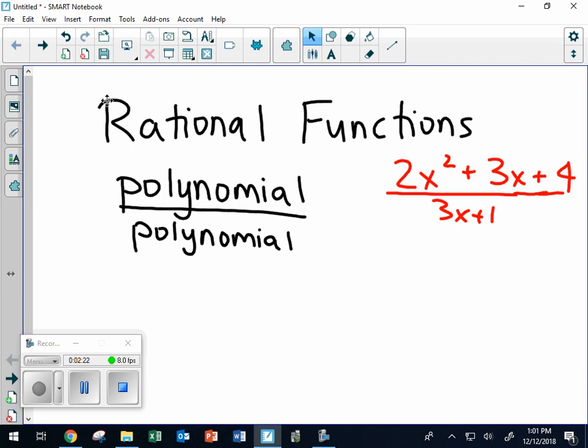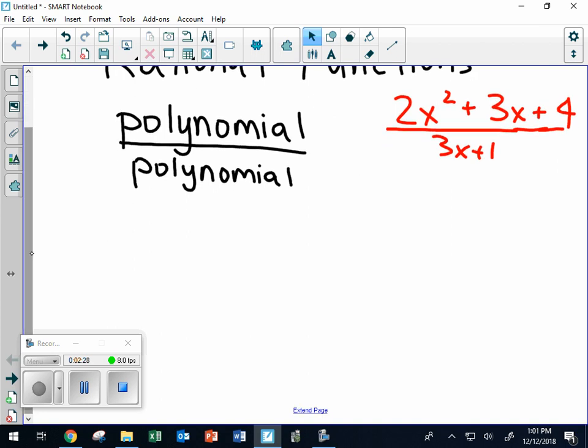Except, let's go through a few examples because I'm seeing some confused faces here. So this on top, that's a polynomial. That's a polynomial. So if you have a polynomial divided by a polynomial, that'll get you a rational function. So that's a rational function.